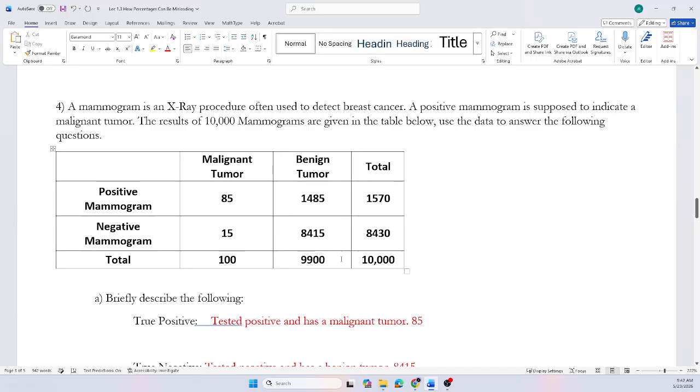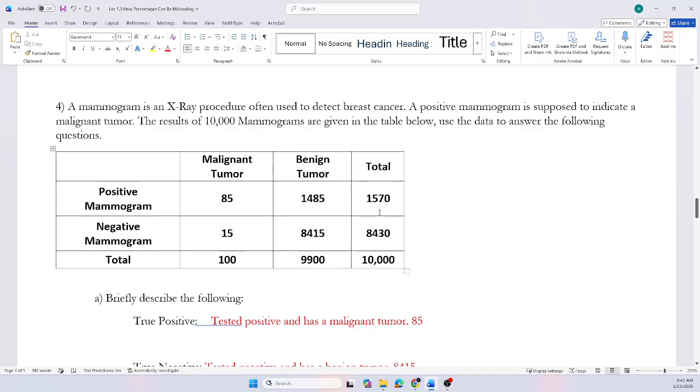Now, again, this isn't anything intentionally deceptive. This is just how nature is. Most tumors are benign. So that percentage is going to create way more false positives than false negatives, right? Because you're doing 15% of a much larger number.